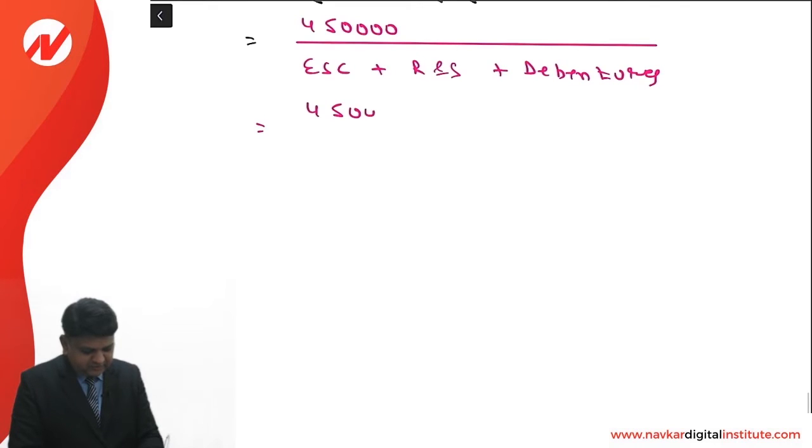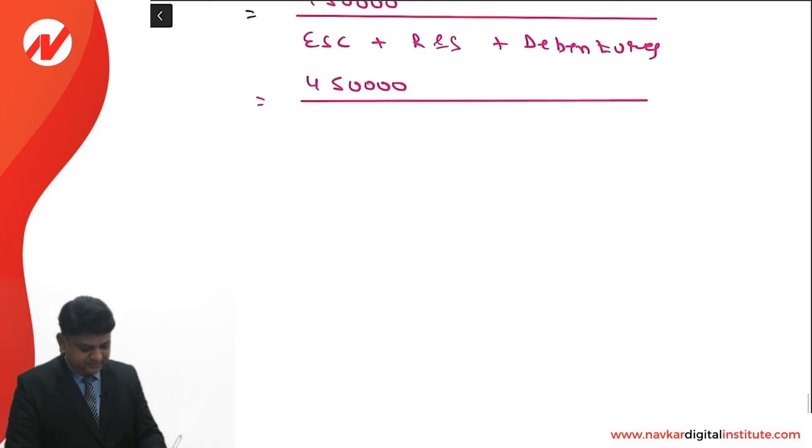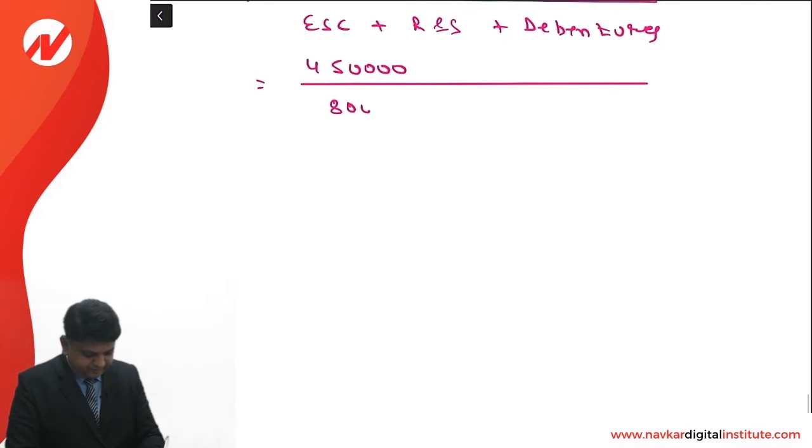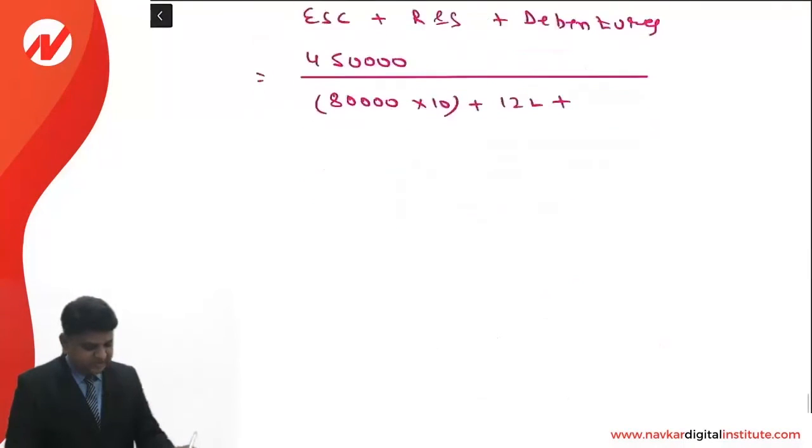So it is 4,50,000. As far as the equity share capital is concerned, the information given is that there are 80,000 shares of rupees 10 each. That comes to 8 lakhs, plus reserves and surplus of 12 lakhs, plus debentures of 10 lakhs.